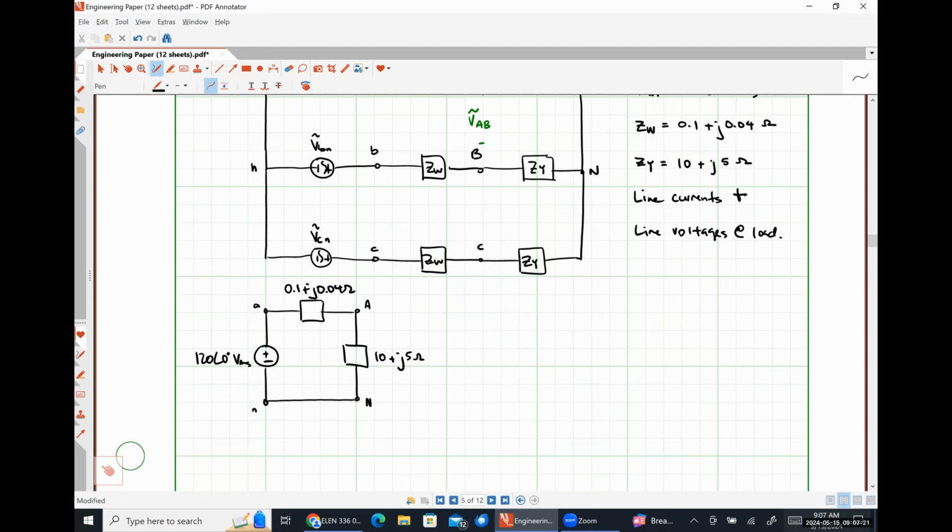Short circuit goes here. And this is my line current IAA.